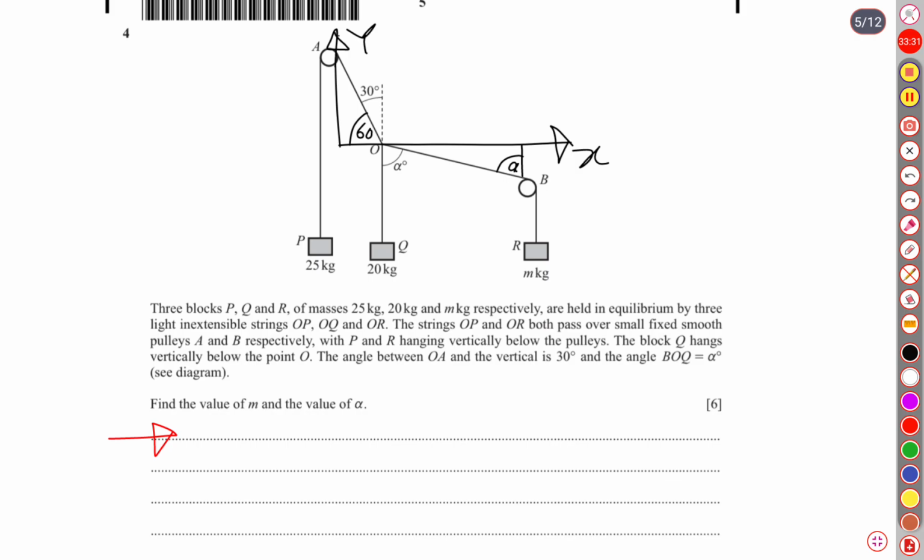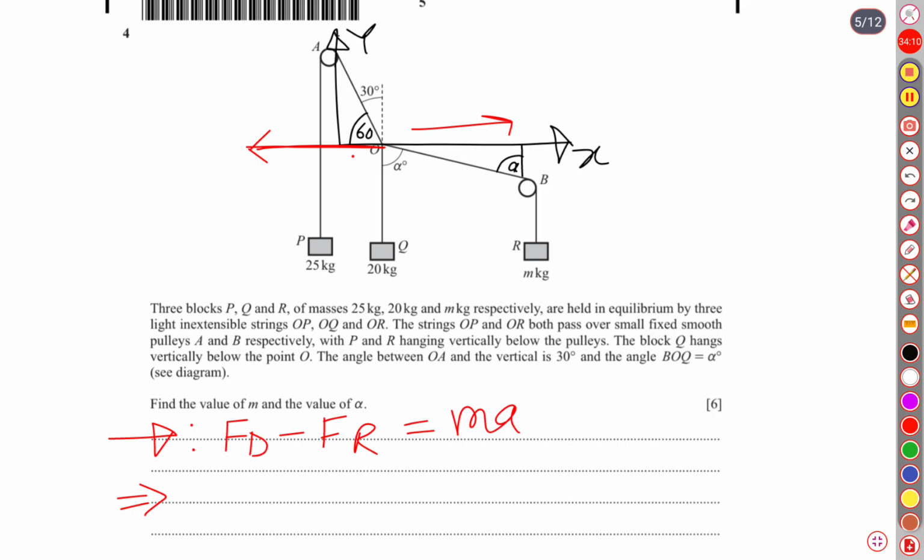Our direction is horizontal. By Newton's law of motion, driving force minus resistance to motion is equal to mass into acceleration. For driving force, look at this, this is the positive direction, and that is the negative direction. For the positive direction, if we use this alpha, it is going to be mR g sine alpha.